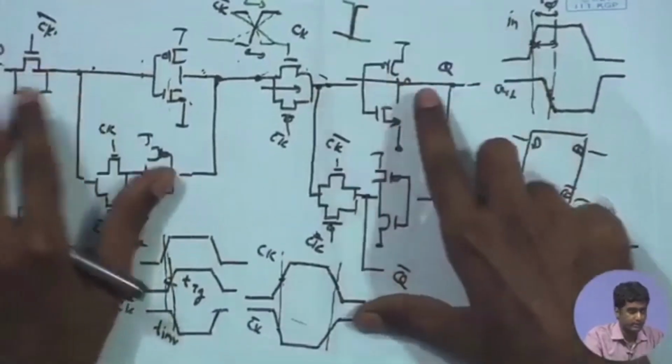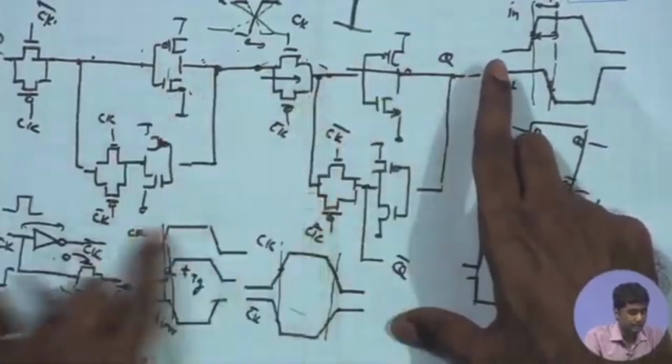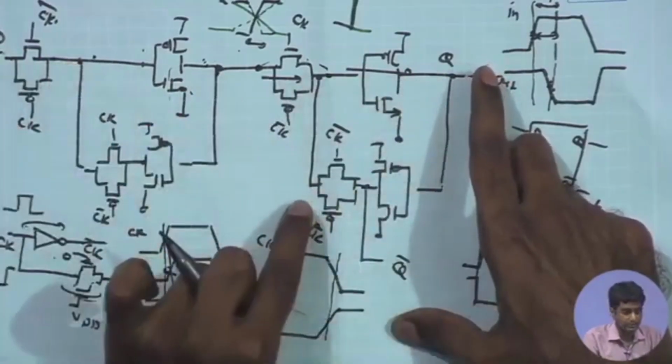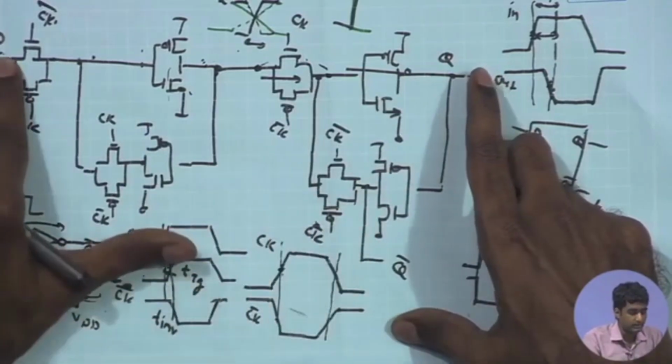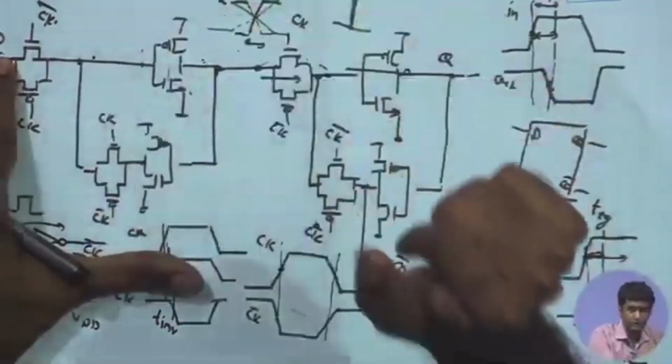and there is a significant overlap between the two phases, you can have a transparent path, and rather than Q bar getting reliably latched to the D, you can have an intermediate undefined state, because you are connecting Q bar over here to D, and all these latches are on for a given duration.